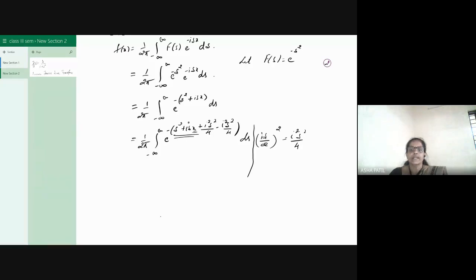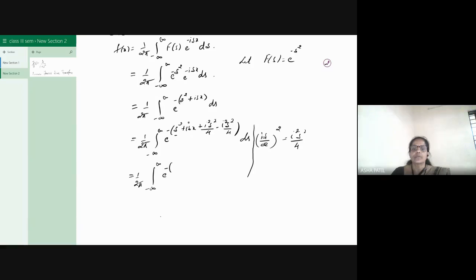We'll add and subtract the square of half the coefficient of x. So half the coefficient of x means it is is by 2. Its square is I square s square divided by 4. Now 1 by 2 pi, integration from minus infinity to plus infinity, e raised to minus this whole term.